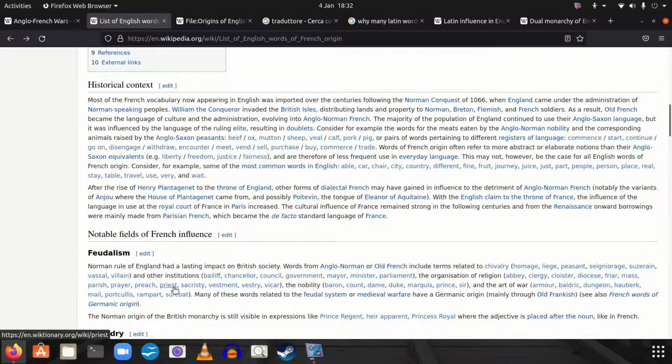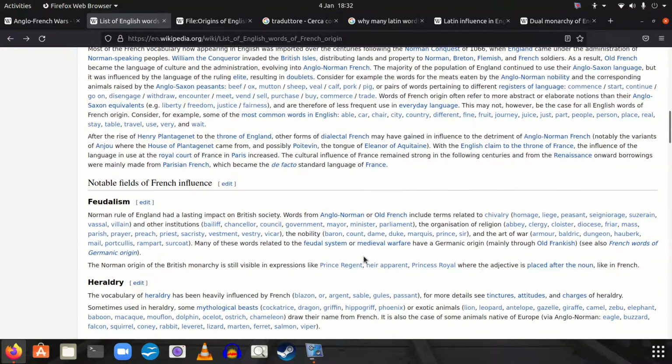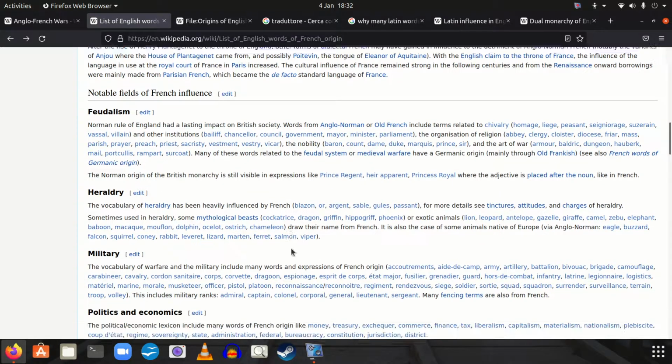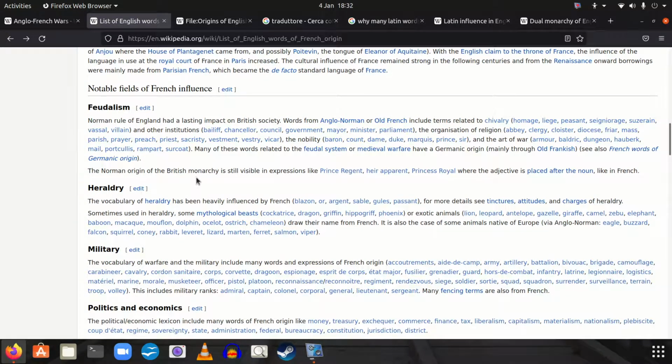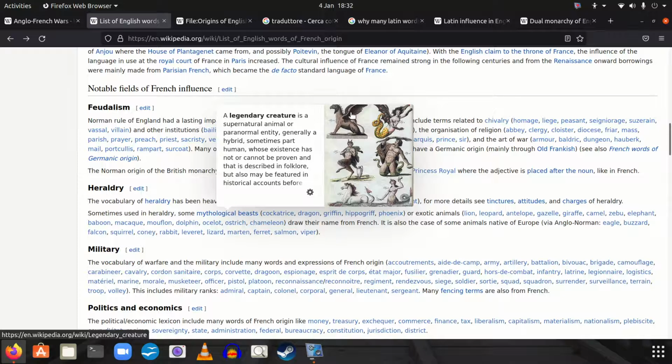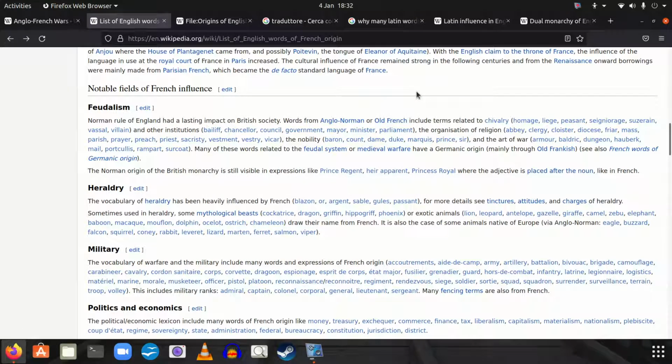For the fact that the French took the power, it is also very important to understand that the French language was used by the elite, by the group of people that were ruling. So these French and Latin words became the vocabulary that the elite was using.